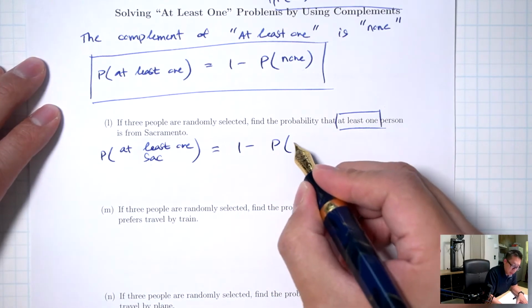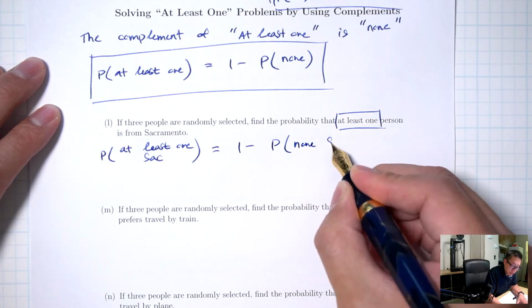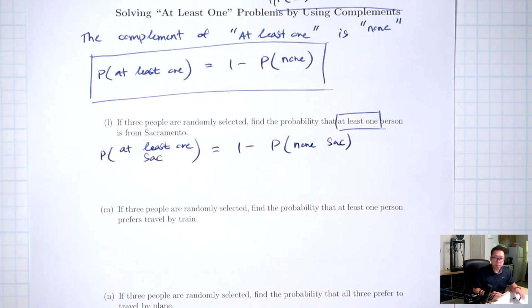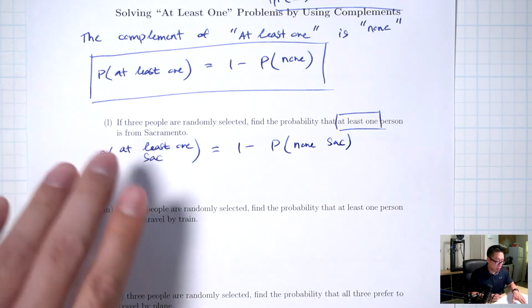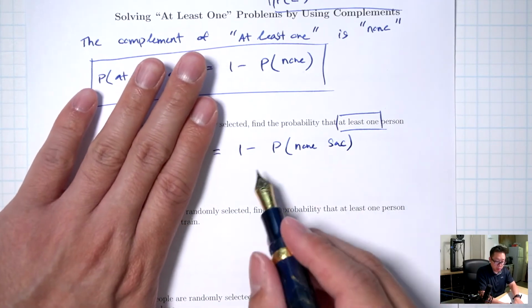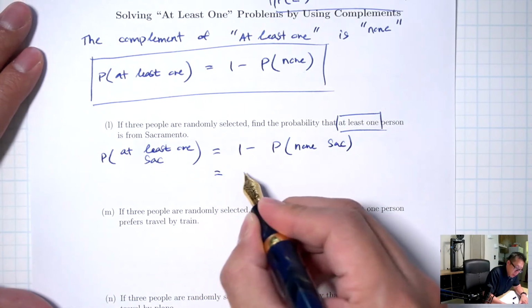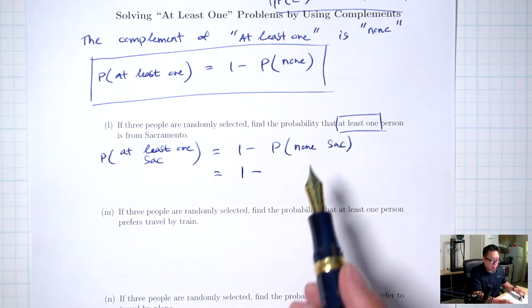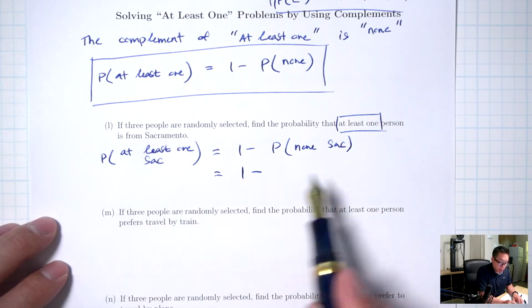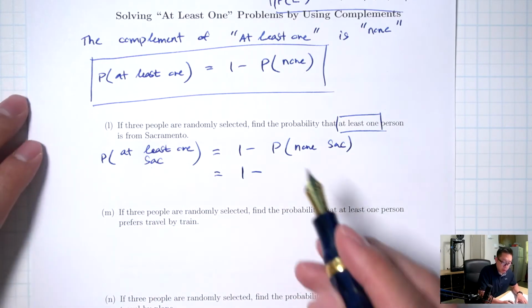So I'm going to write none Sac. So instead of doing at least 1 directly, we're going to do the right side, which is 1 minus the probability that none of them are from Sac. So 1 minus. Now, we're talking about 3 people, so I'm going to need 3 fractions here for the none-Sac part.